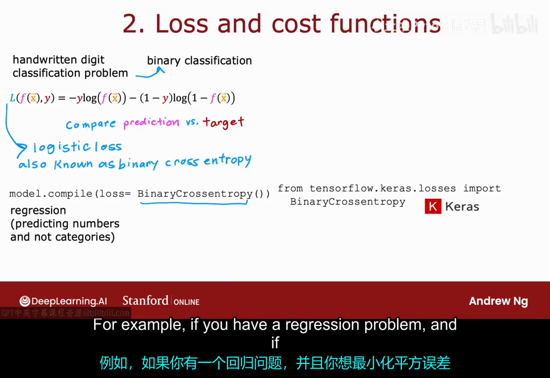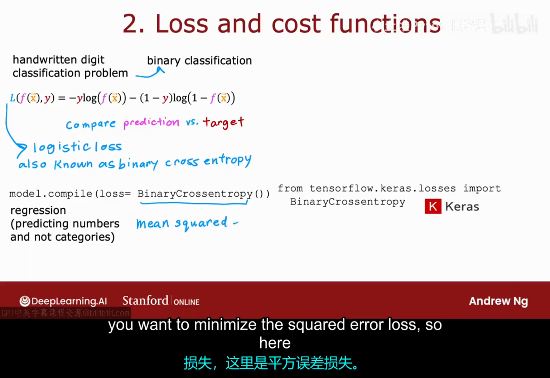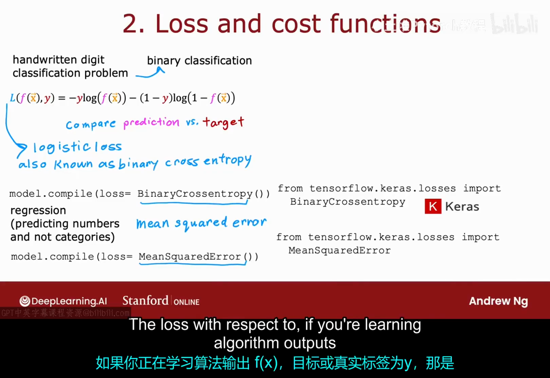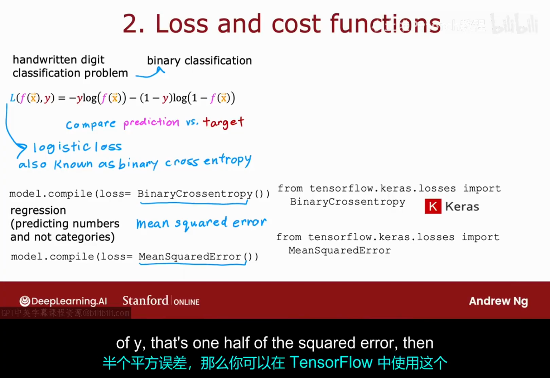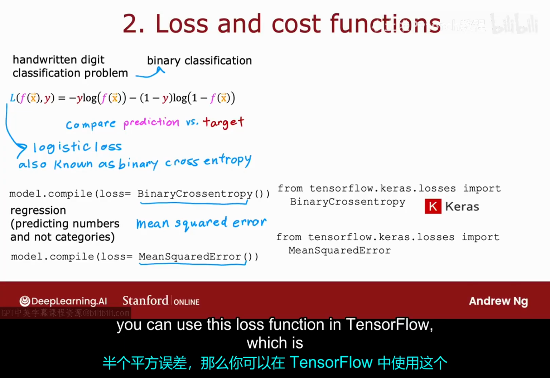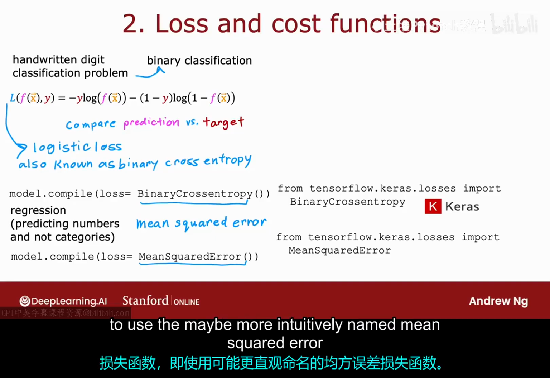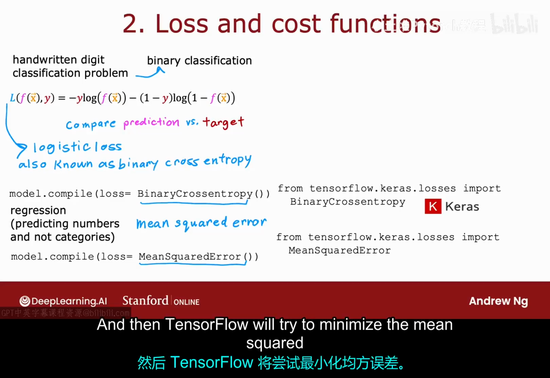For example, if you have a regression problem and you want to minimize the squared error loss, here is the squared error loss: if your learning algorithm outputs f of x with a target or ground truth label of y, that's 1/2 of the squared error. Then you can use the maybe more intuitively named mean squared error loss function in TensorFlow, and TensorFlow will try to minimize the mean squared error.